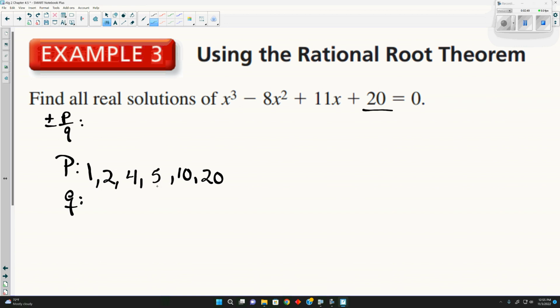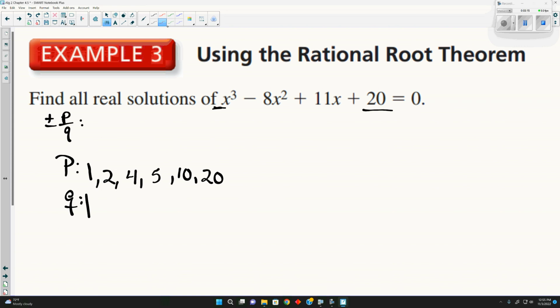Now what's the leading coefficient for this? The leading coefficient is the number in front of the variable with the biggest exponent, and that number is 1. Any questions on how we found the factors of the leading coefficient and the factors of the constant term?